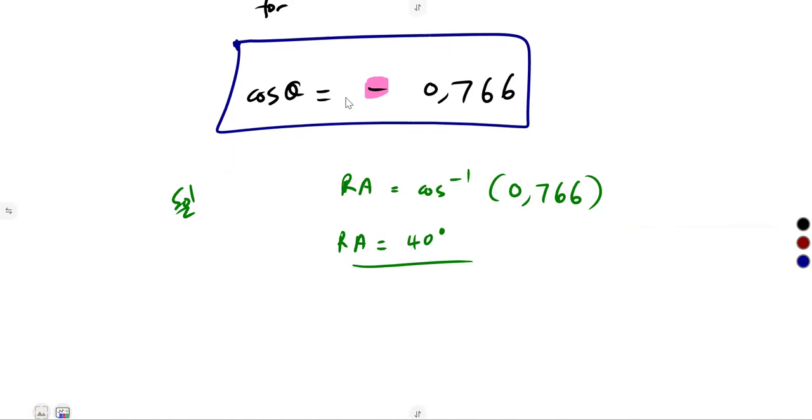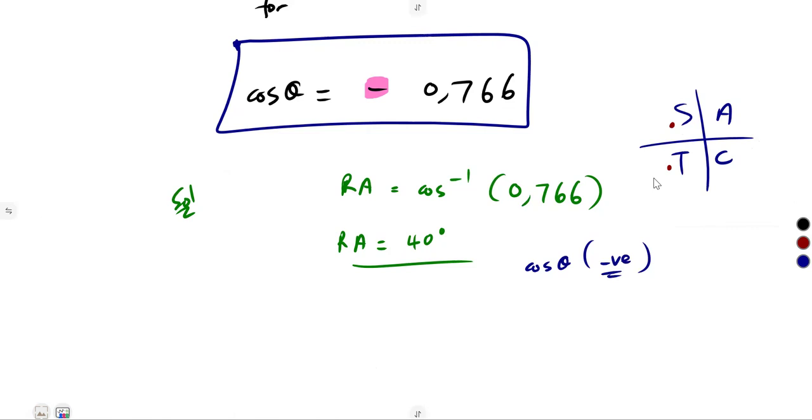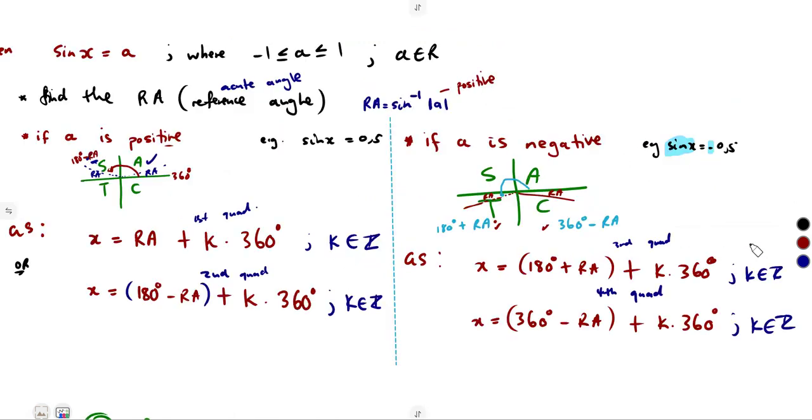Where is it that our cos is negative, because the cos that we have is negative? In which quadrant are we going to have it as negative? In which quadrant? Cos. Second, third. We need solutions there.